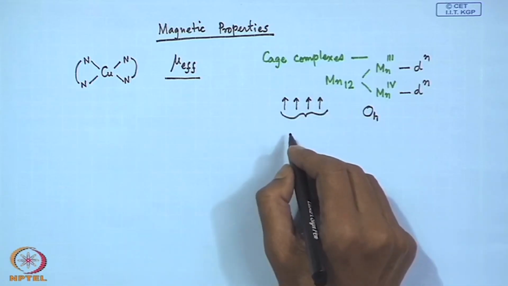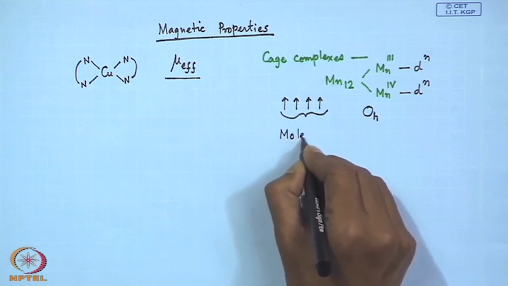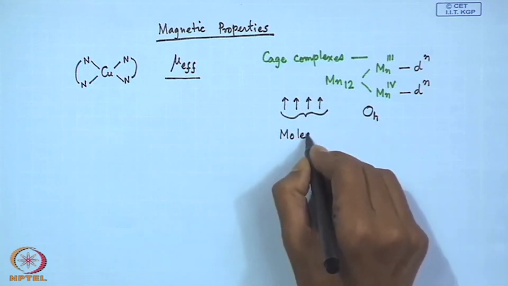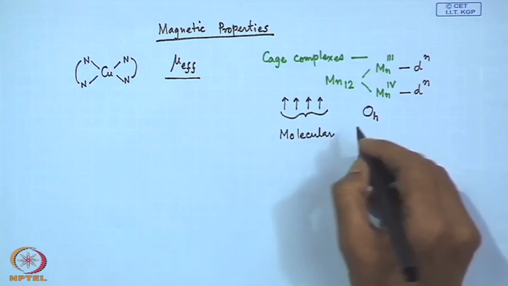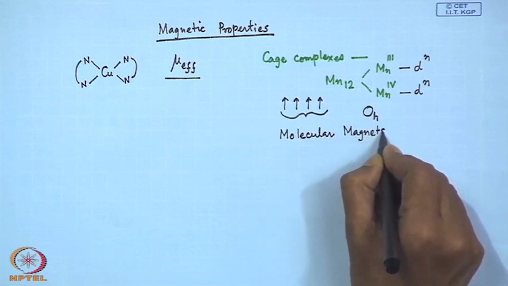Here we see that we have the molecule, so we can consider them as molecular magnets.